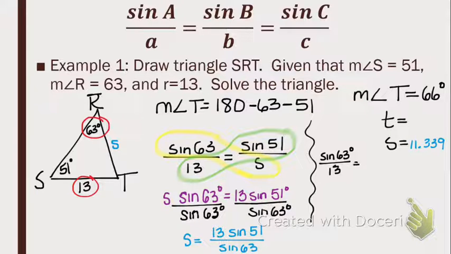Set that equal to the sine of capital T, which is, what is capital T? 66 over little t. So go ahead and set up your ratio, your proportion, just like you did in the last one. Cross multiply and solve it for side t.